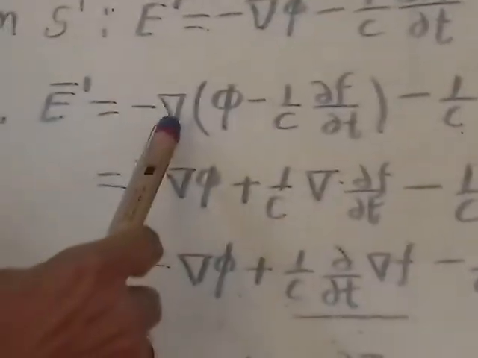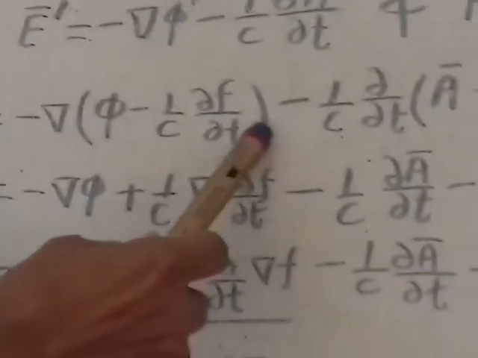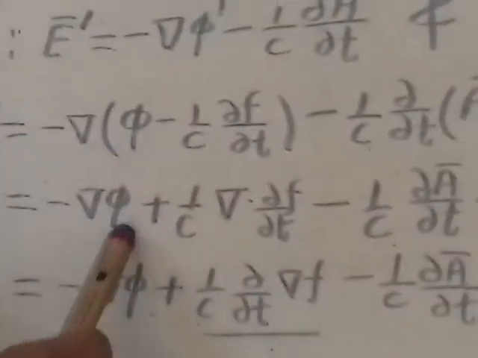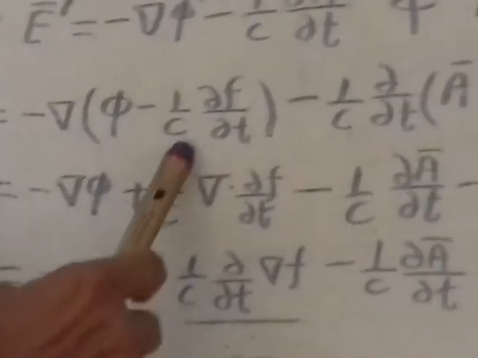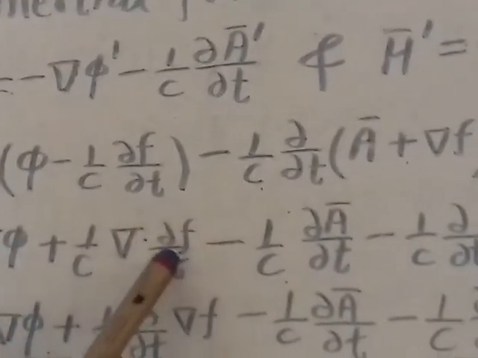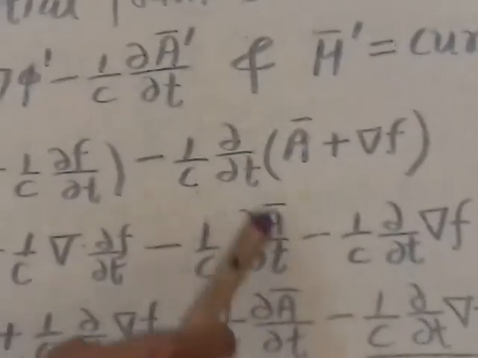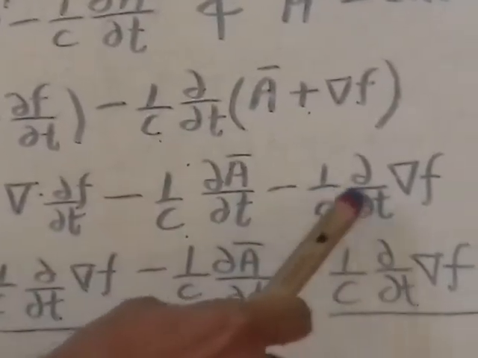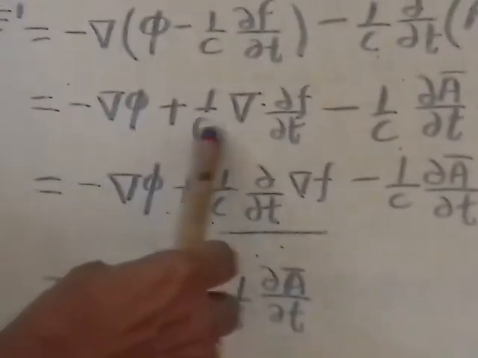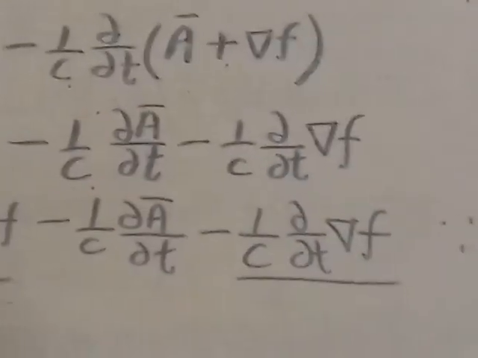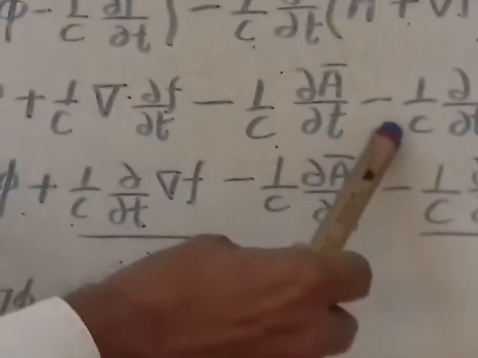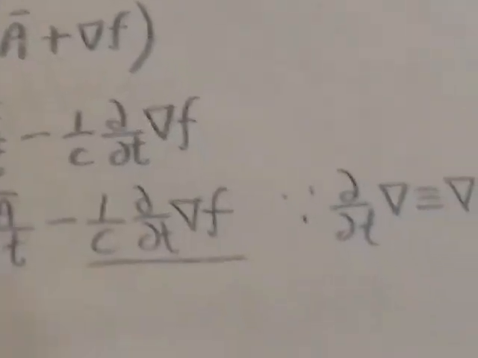If you operate this del on the bracket, it becomes minus grad φ, then plus (1/c) gradient of ∂F/∂t, minus (1/c) ∂Ā/∂t, minus (1/c) ∂/∂t of gradient of F. If you observe, the second and fourth terms are similar, but with plus and minus signs, and therefore they will cancel.